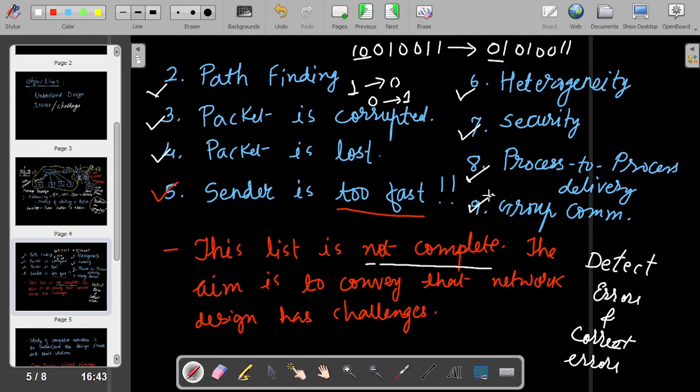Lastly, group communication. These days, most of the students have studied through online mode, where a teacher is sitting at his place and he is delivering his lecture.